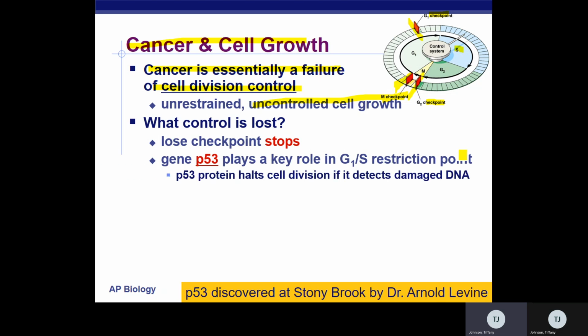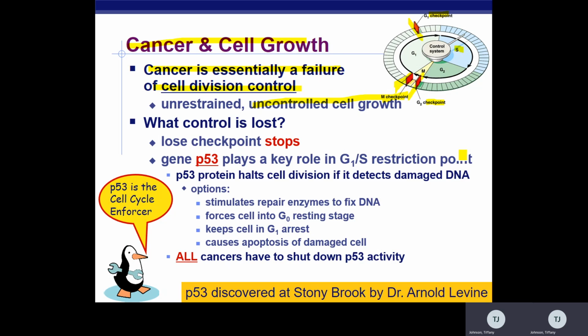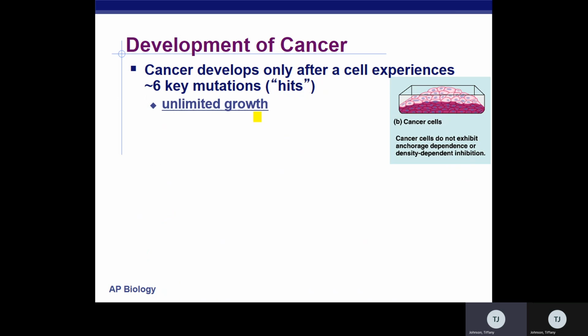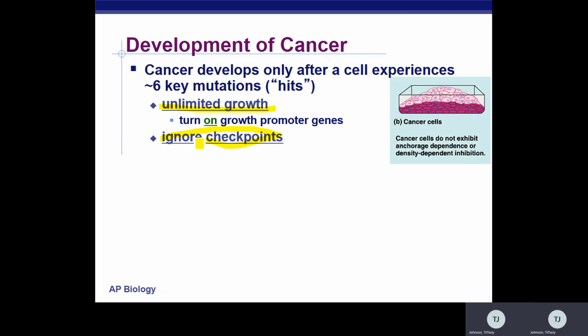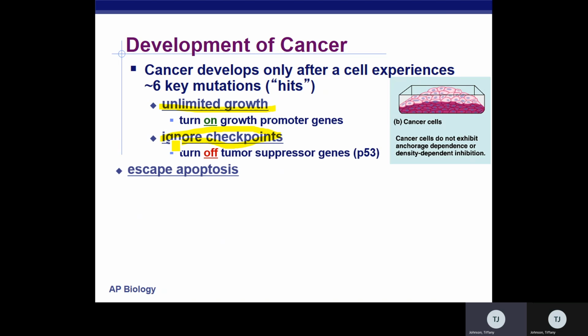Okay? I'm not writing all that down. But write this down. So unlimited growth, checkpoints are ignored, and they escape apoptosis. We talked about apoptosis before. That's a kind of planned cell death.